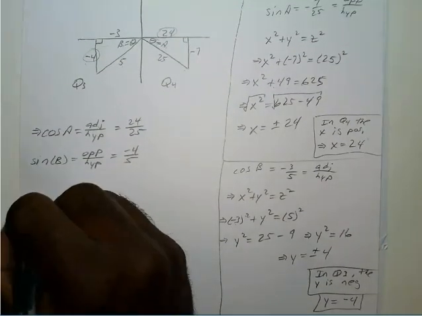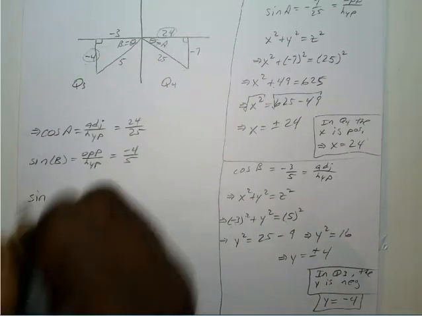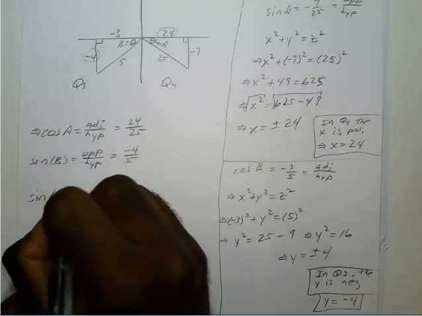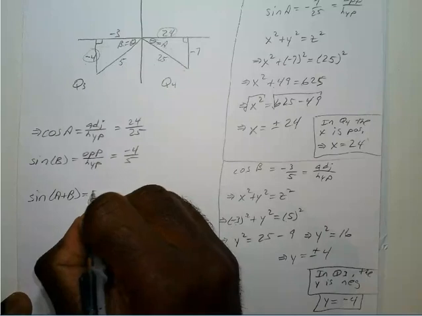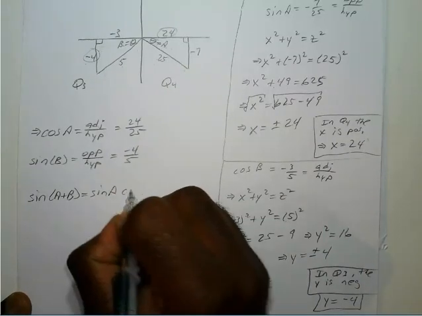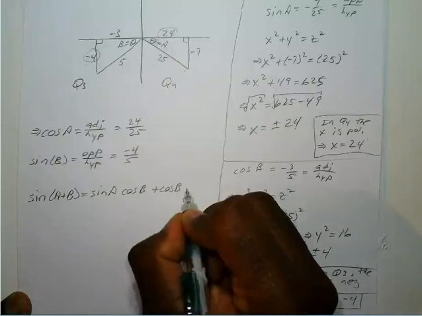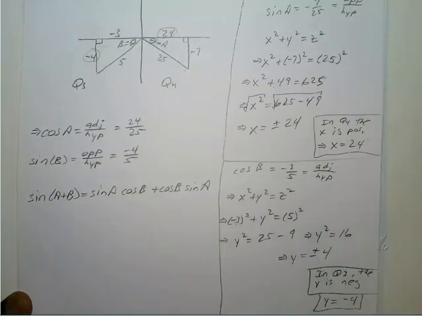Okay, so we have sine of A plus B equals sine of A cosine of B plus cosine of A sine of B. All right.